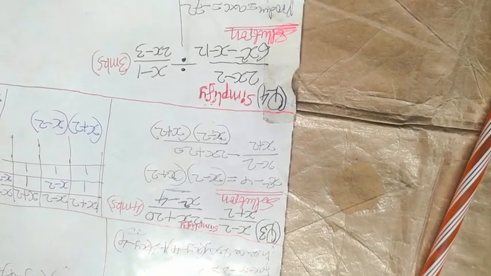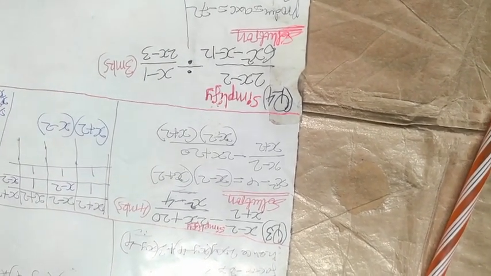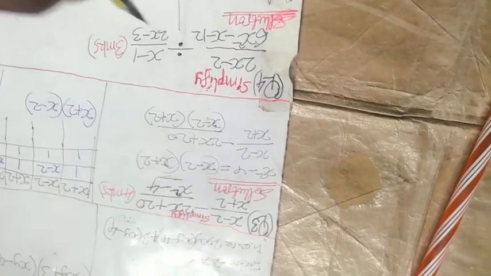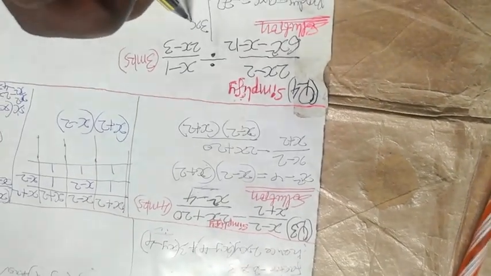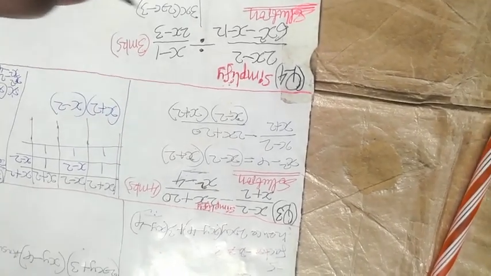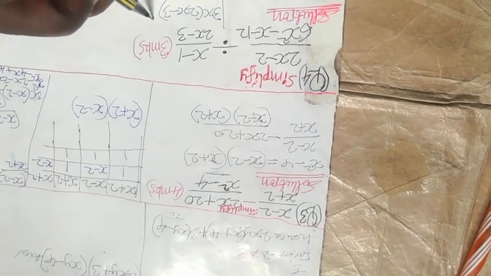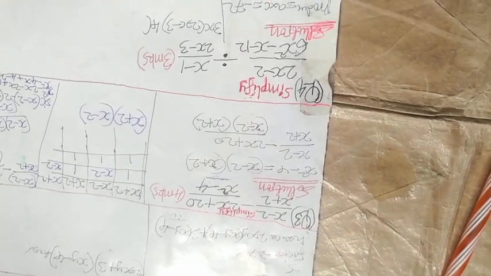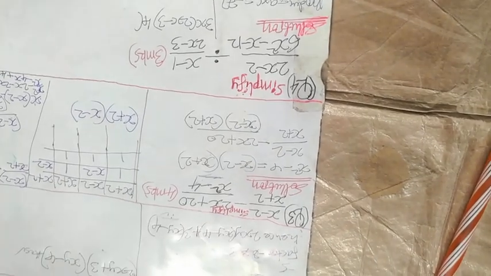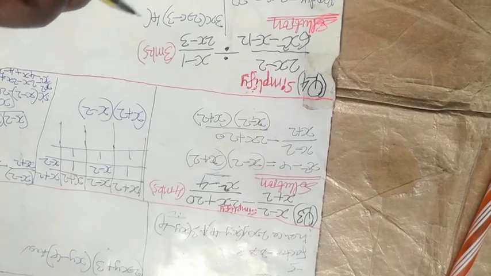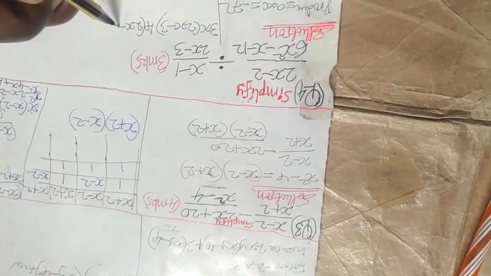We are going to factor out 3x in 6x squared minus 9x, which will give us 3x into brackets 2x minus 3, plus 4 into brackets, because if we factorize 8x minus 12, here we are going to factor out 4, then we say 2x minus 3.